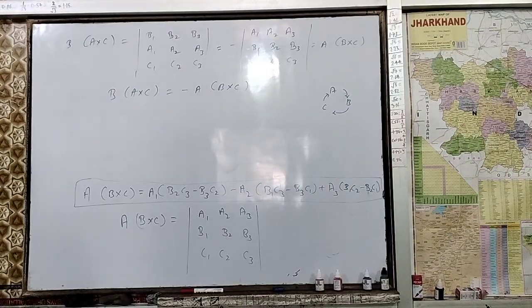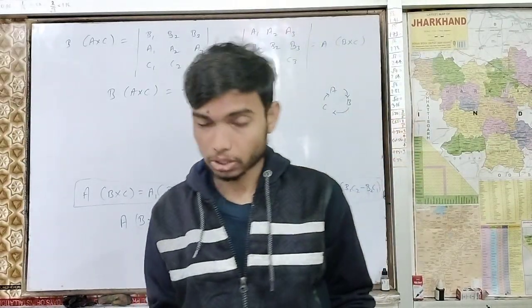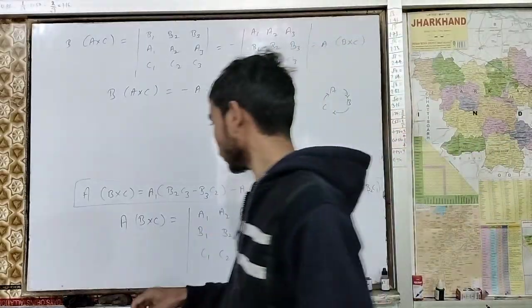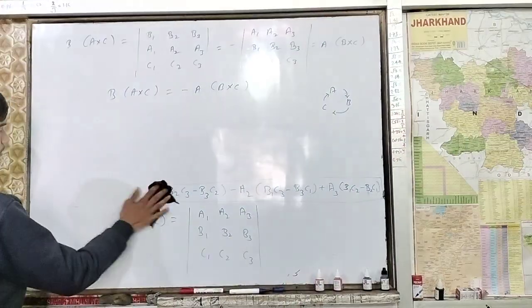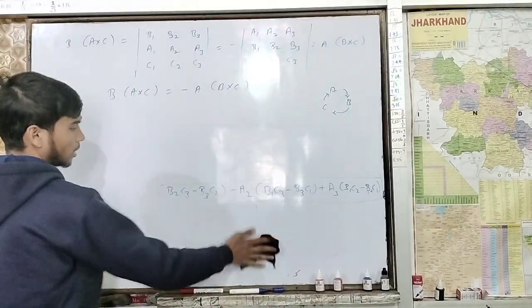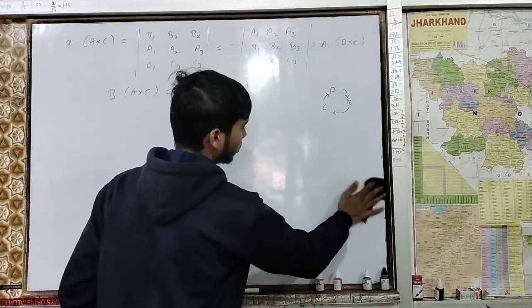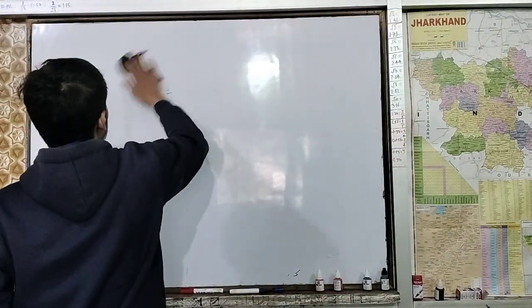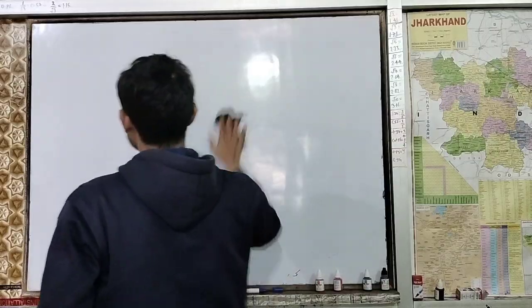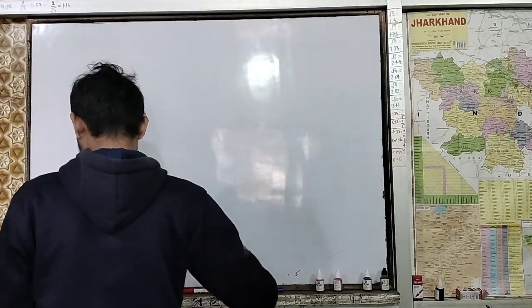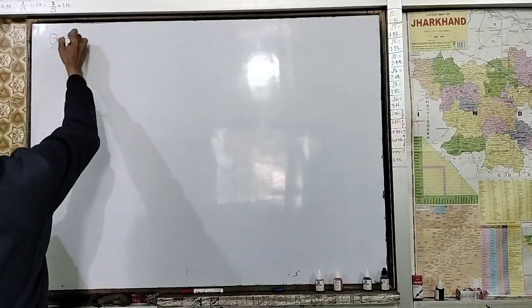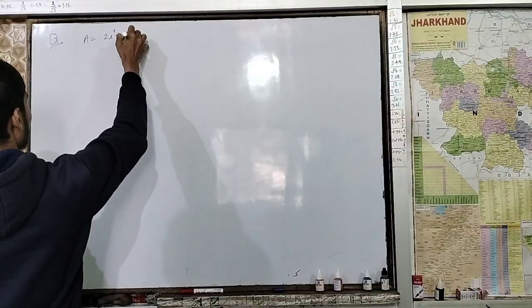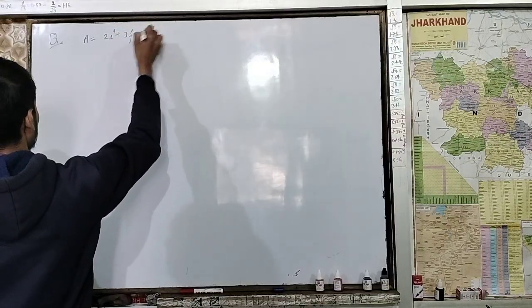Okay, now let's take a question based on this concept. The question is: A is equal to 2I cap plus 3J cap minus 1K cap.